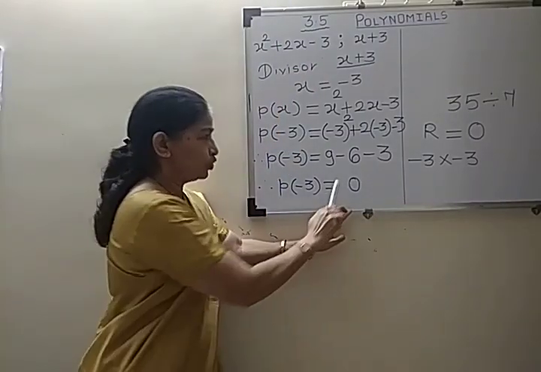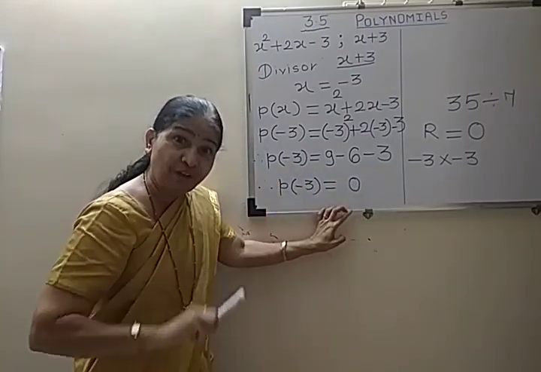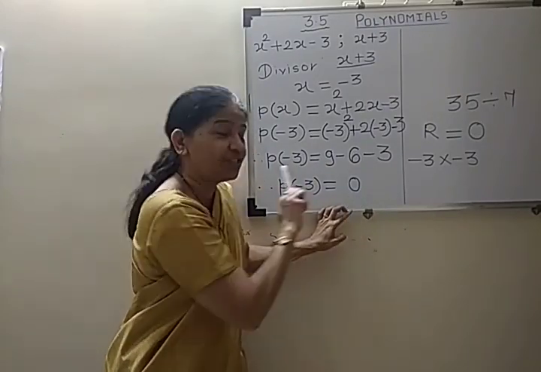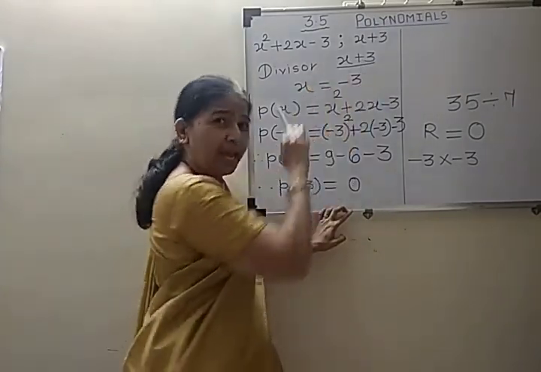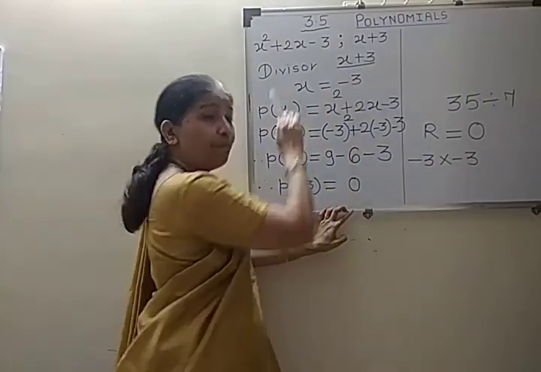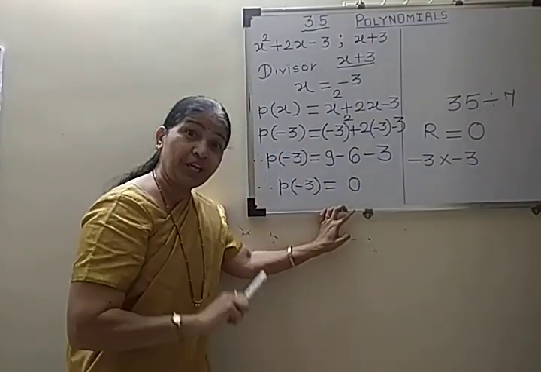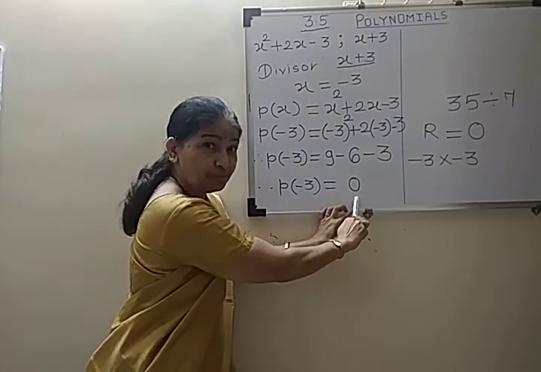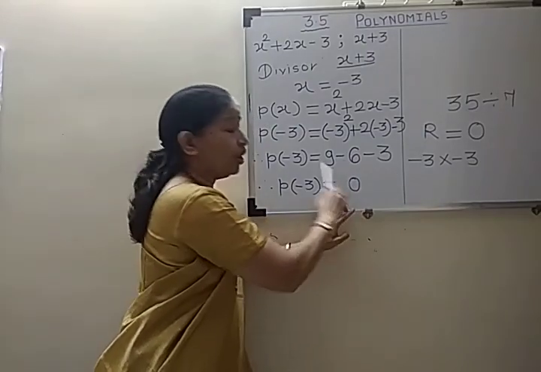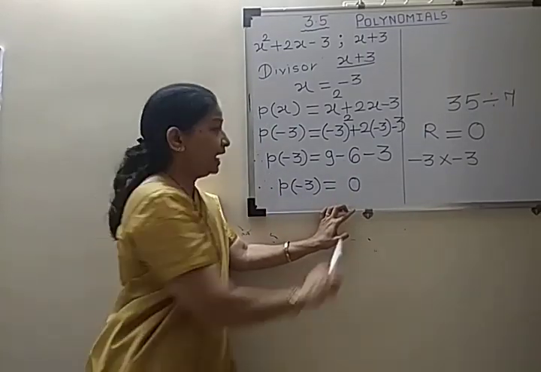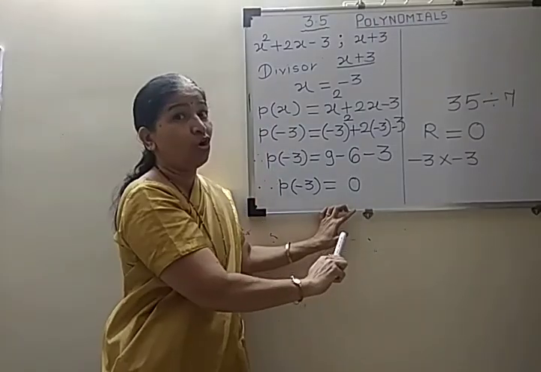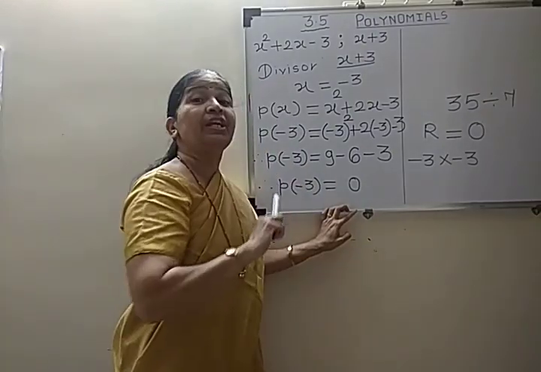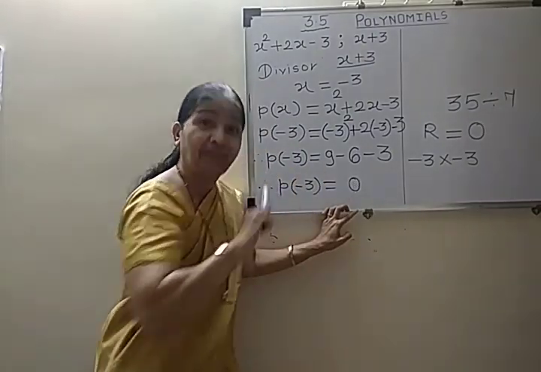Getting the point? When the remainder comes 0, only then will we say that this one is a factor of the given polynomial. If the answer comes different from 0, if it is not 0, then I will deny it and say that it is not a factor.